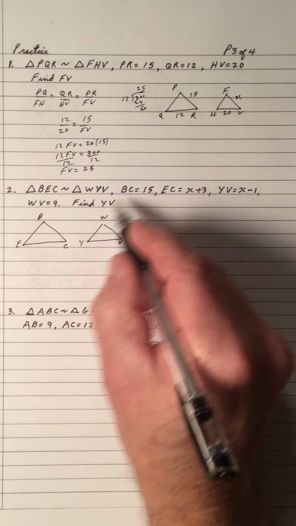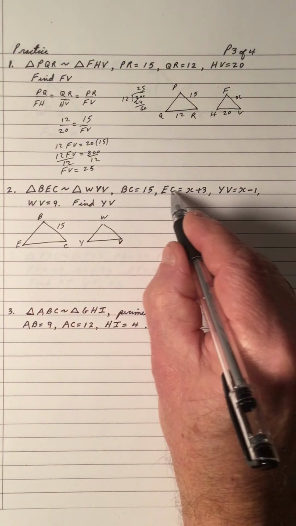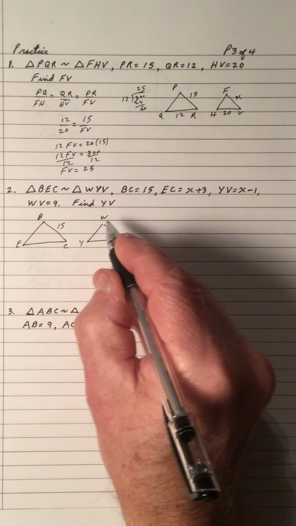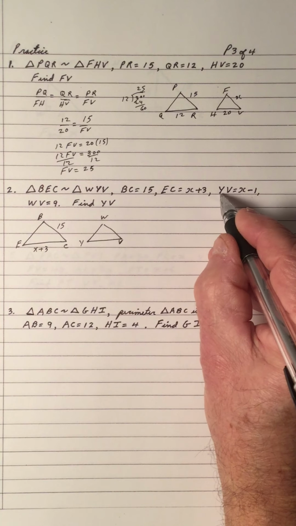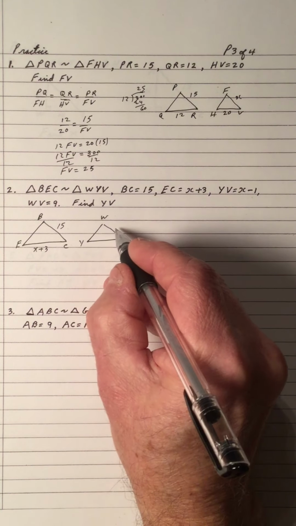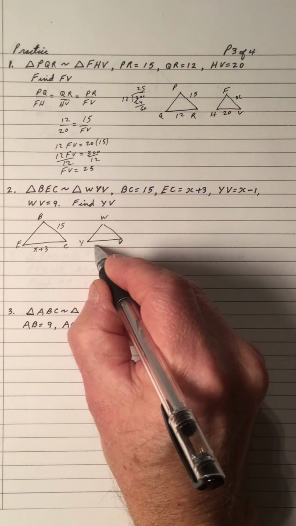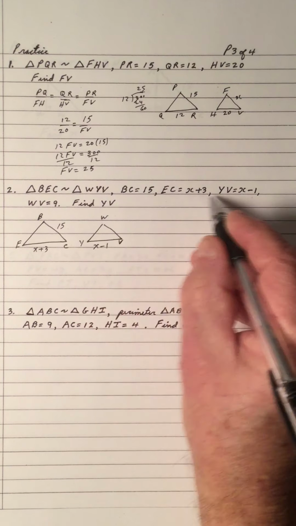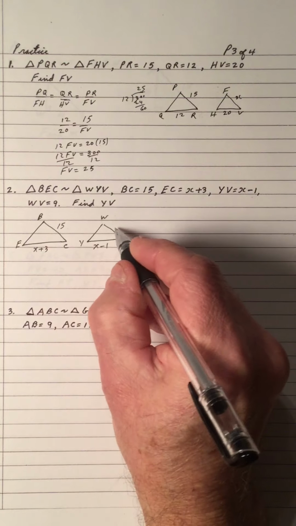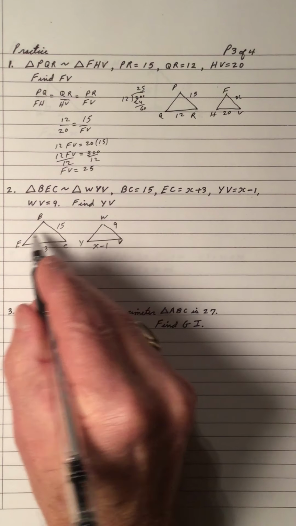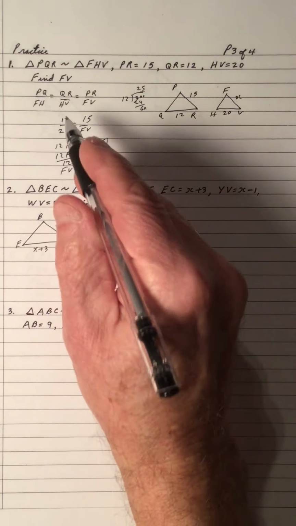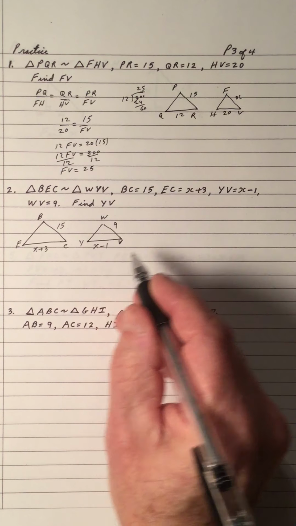BC is 15, EC is x plus 3, YV is x minus 1, and WV is 9. You can see that doing it this way saves time.